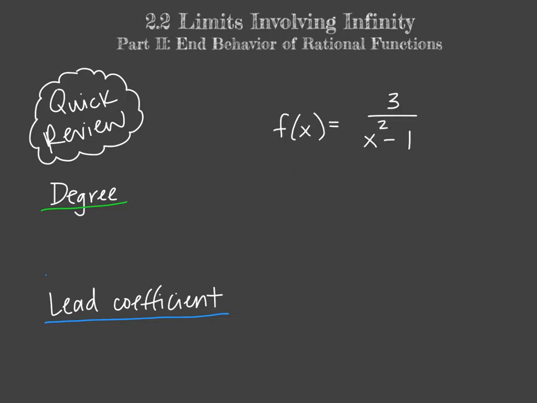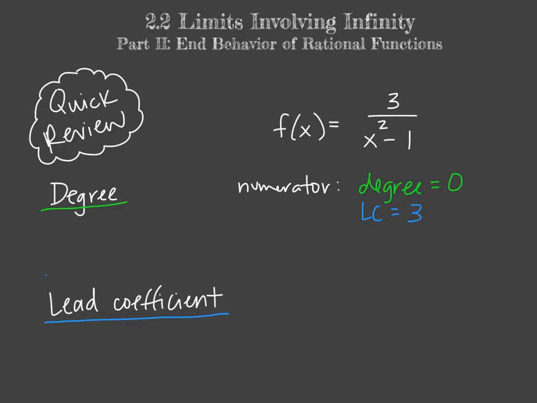Okay, for this example here, I have a rational function with both a numerator and a denominator, and so I'm going to split that up. So we'll first look at the numerator, because this is how we'll deal with these problems. In the numerator, the degree, I don't see an exponent there, it's just a constant, so that is degree 0. You technically could write 3x to the 0 since x to the 0 is just 1, but that is degree 0. And then the lead coefficient in the numerator is 3.